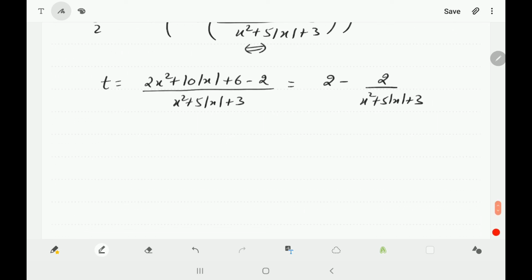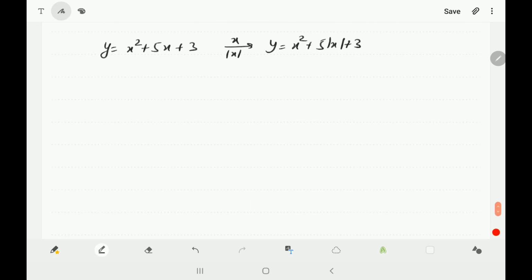Now let's try to calculate the range of x square plus 5 mod x plus 3. This expression is generated from the term x square plus 5x plus 3. If you replace x by mod x, you will get the term x square plus 5 mod x plus 3. So let's find the range of x square plus 5x plus 3. It's an upward parabola, so you can directly say that the graph will be like this.